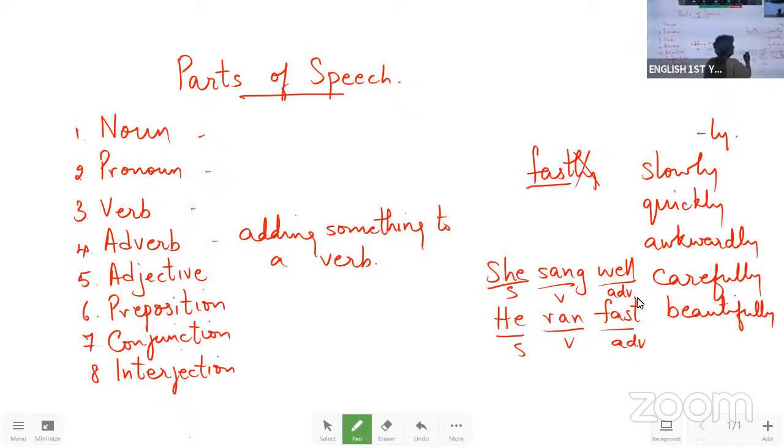Adding something to the verb, sang. And remember, though it usually takes up ly, there are some adverbs which do not have ly. But many children get confused between an adverb and an adjective. Also remember the position. It comes after the verb.